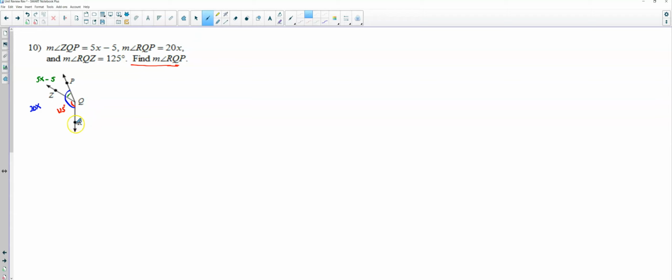I'm going to say the measurement of angle RQZ plus the measurement of angle ZQP must equal the measurement of angle RQP.